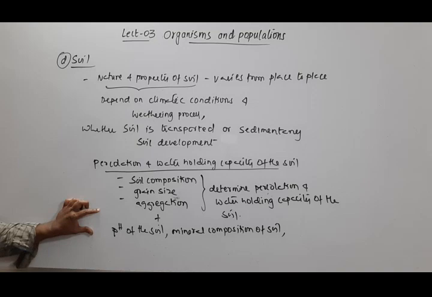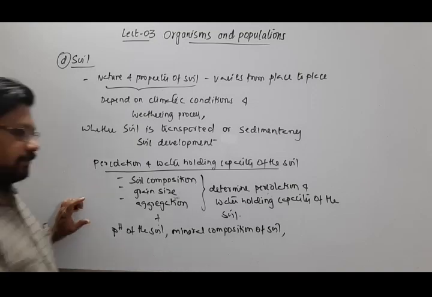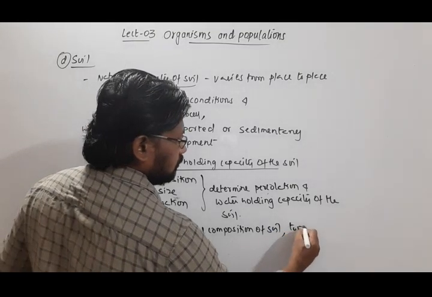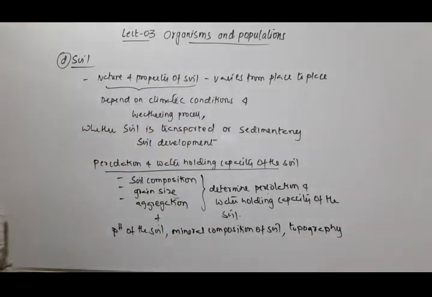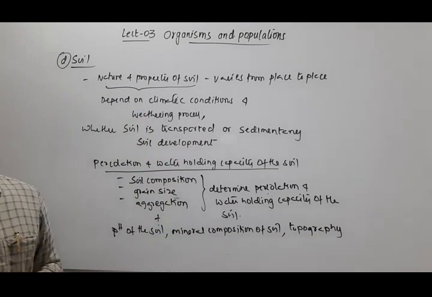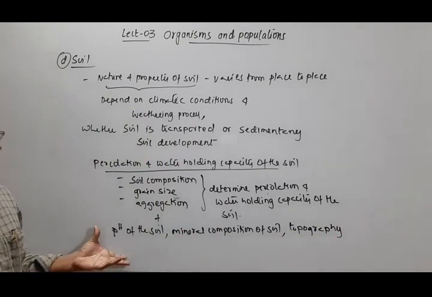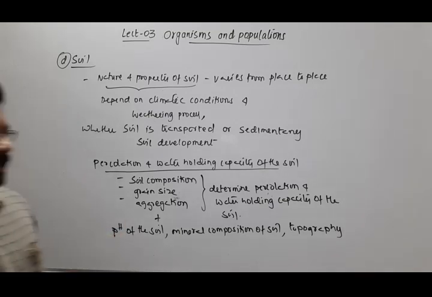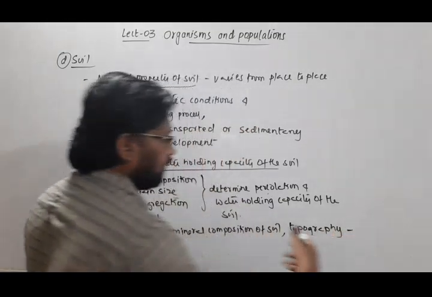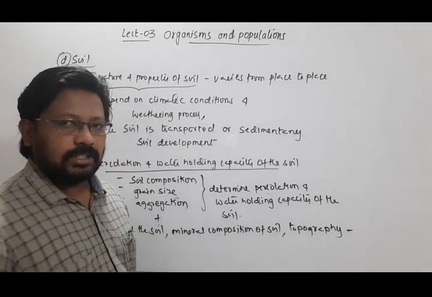And also the topography, the location where that soil is present. So the pH, the mineral composition, and the topography will determine the type of vegetation that grows in the location.